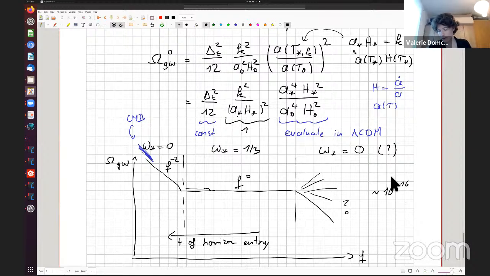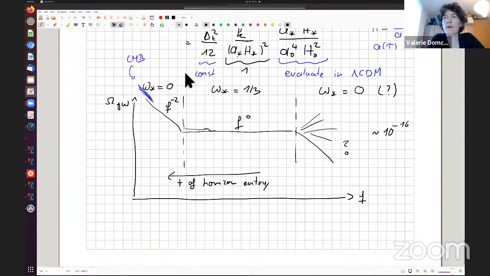The relevant thing to compare this to is the sensitivity of experiments. In this very simple cosmological model, this amplitude is way too small to be seen with LIGO or even with LISA. So this is an extremely difficult signal to find, simply because it is so very, very small. But I find that it illustrates in a nice way what types of information you can extract.